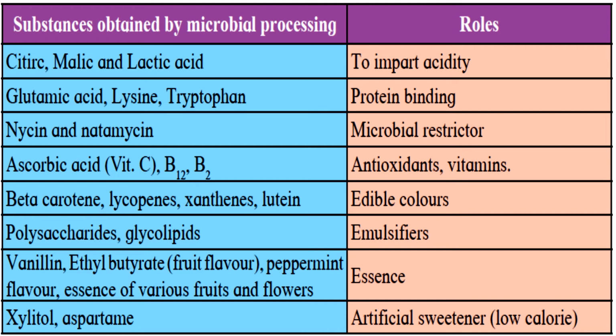Niacin and natamycin, the role is to help as a microbial restrictor. Ascorbic acid, that is vitamin C, B12, B2, its role is as antioxidants and vitamins. Beta carotene, lycopene, xanthophyll, lutein, the role is they act as edible colors. Polysaccharides, glycolipids, they act as an emulsifier.